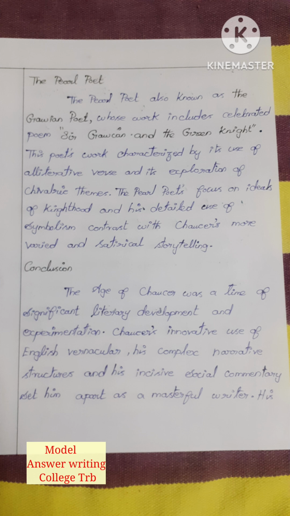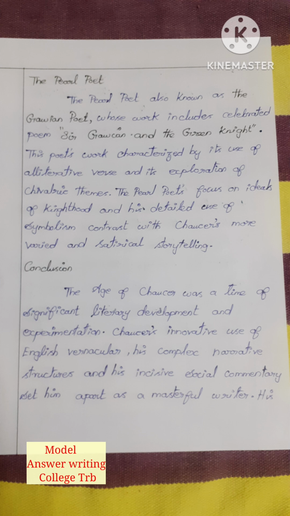Chaucer's innovative use of English vernacular, his complex narrative structures, and his incisive social commentary set him apart as a masterful writer. His contemporary writers John Gower, William Langland, and the Pearl Poet each contributed to the literary landscape in their own way, offering alternative styles and thematic concerns.